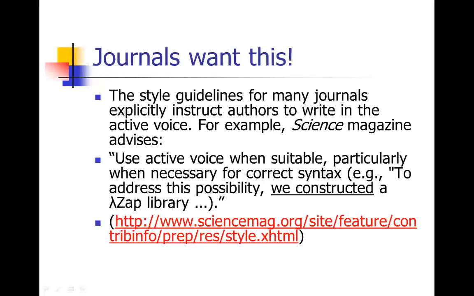So the style guidelines for many journals actually explicitly will tell you to write in the active voice. Let's go, for example, to the style guidelines from Science magazine. They say right there, use the active voice when suitable, particularly when necessary for correct syntax. For example, to address this possibility, we constructed a Lambda Zap library. So you can see that they're actually directly telling you to go ahead and use we or I.